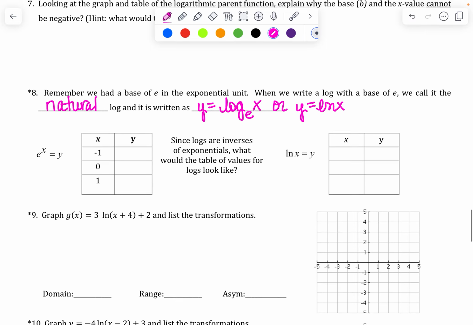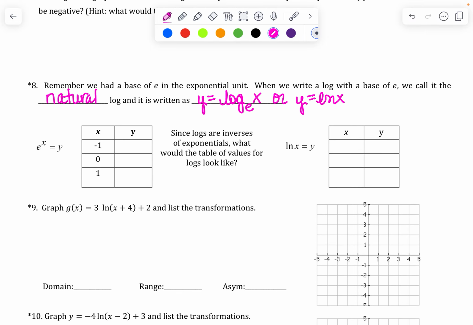And then I'm going to do parentheses, then x plus 4, close my parentheses, plus 2. So here's another example of one that I can definitely see in a graph.